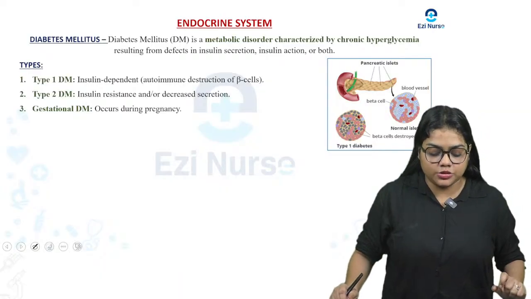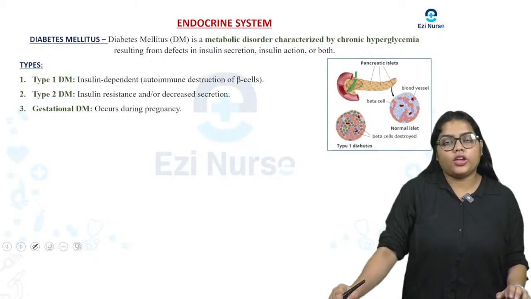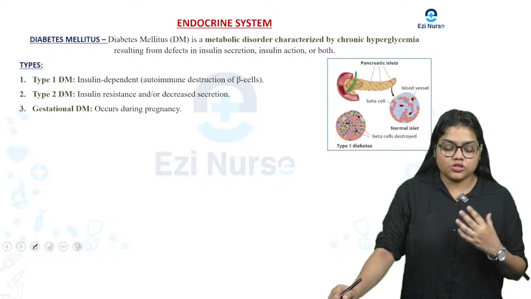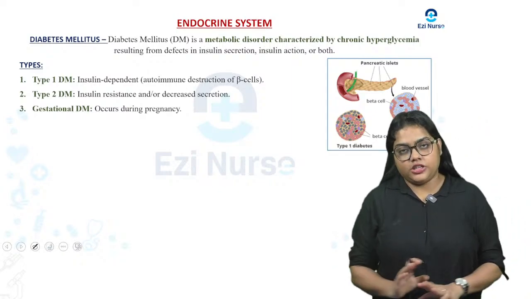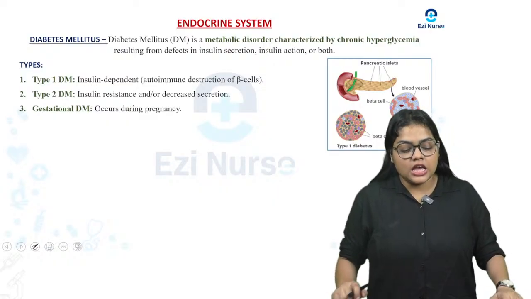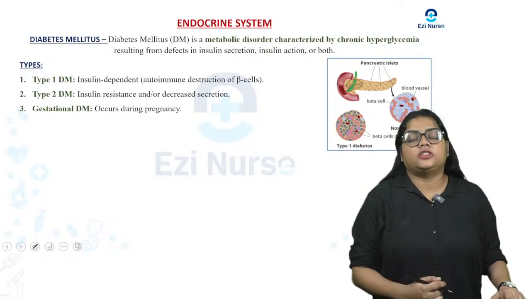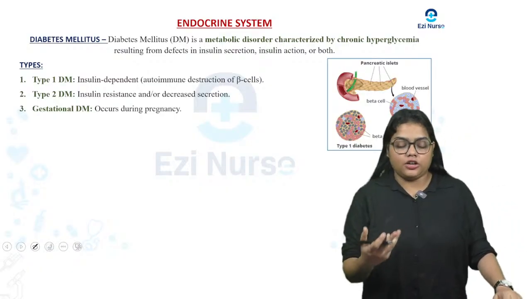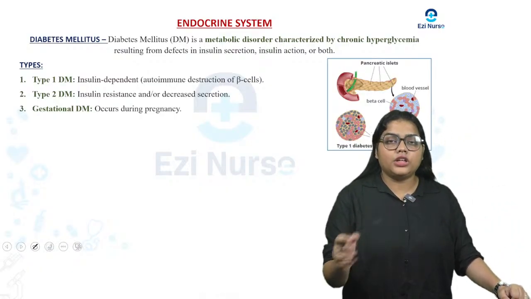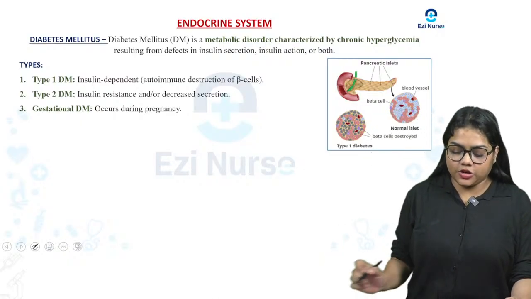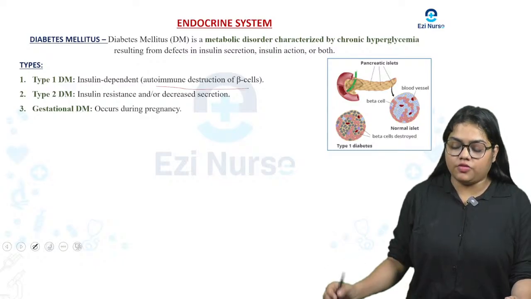So there are two main types of diabetes mellitus, type 1 and type 2. Other than that, we also have gestational diabetes mellitus, which only happens during pregnancy. Type 1 diabetes mellitus is insulin dependent. It happens because of autoimmune destruction of the beta cells.